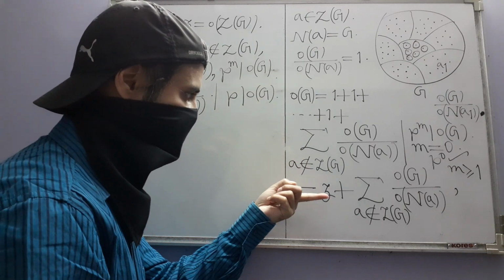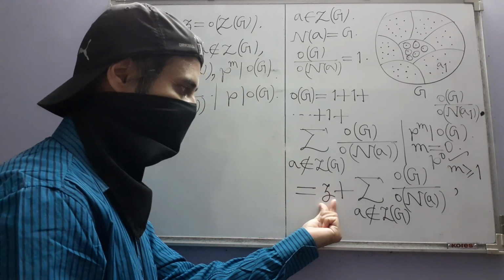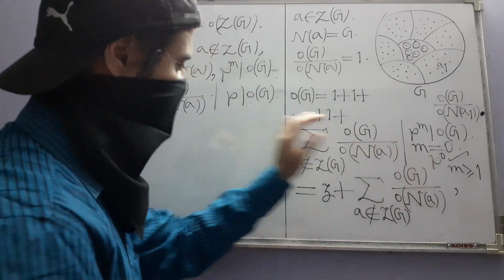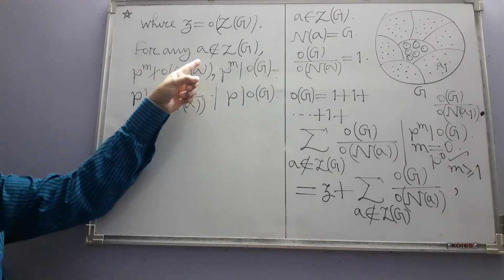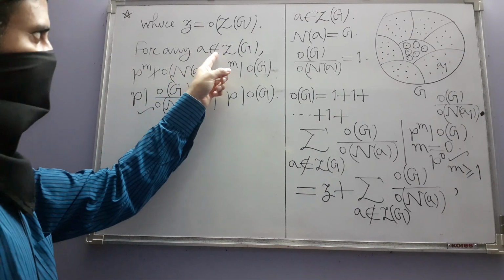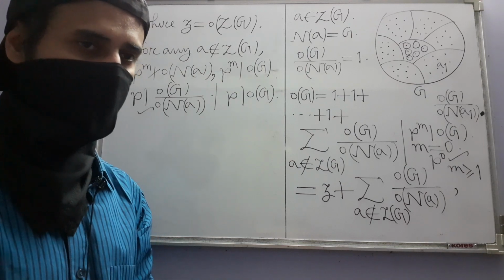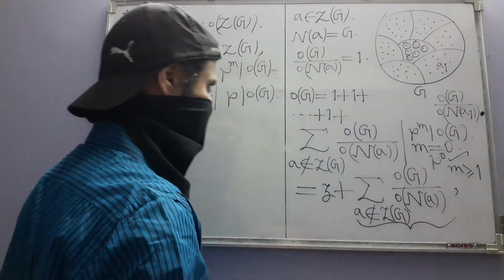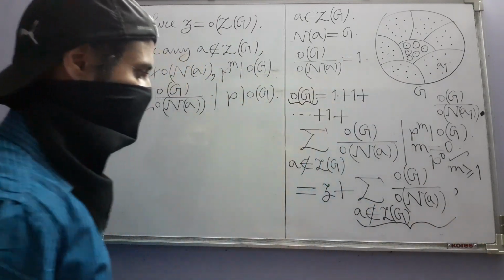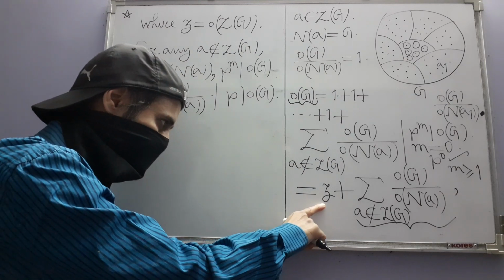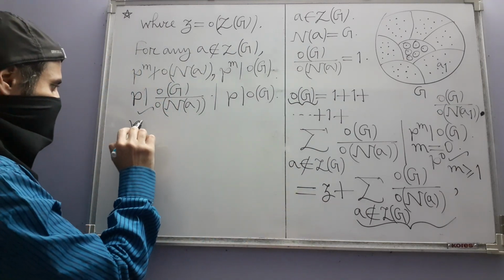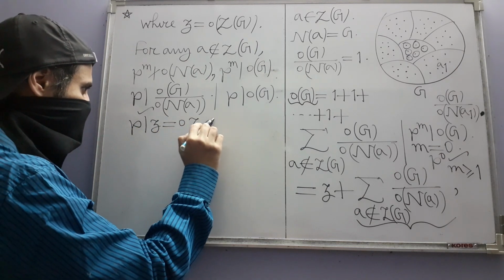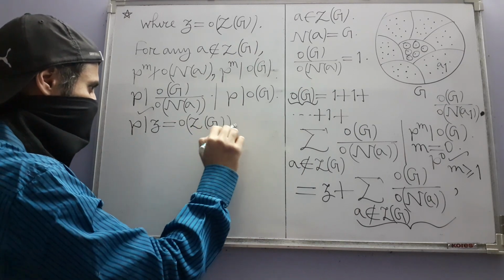On the other side we have the order of the center and the sum, and in this sum each quotient is divisible by p, because this divisibility is coming from non-central elements, and here we have such elements. So this part is divisible by p, this is divisible by p, so p should divide this as well. That is, p should divide the order of the center of G.